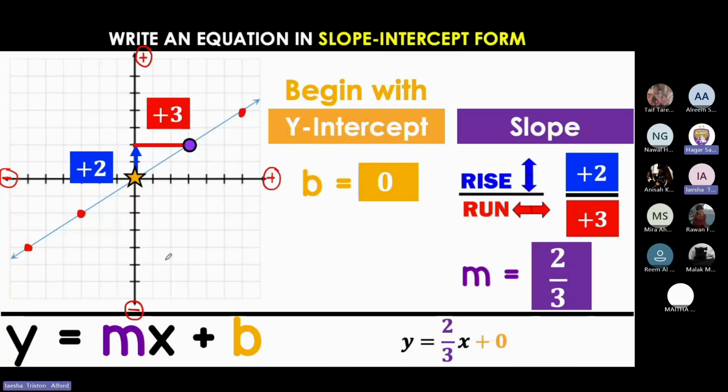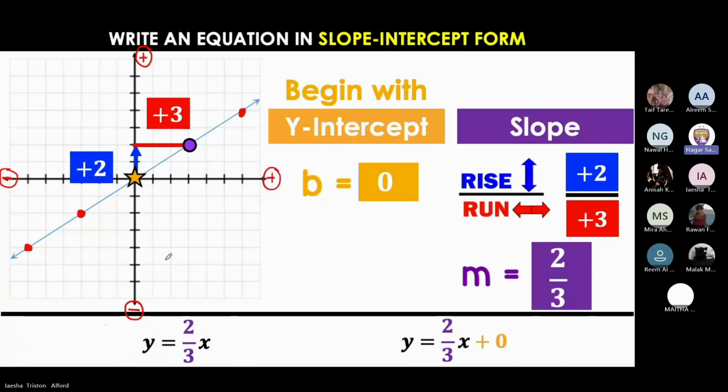Are we going to write the 0? No, 0 is not written. Also, if the coefficient is 1, we don't write it. If they put y equals x, what's the coefficient?